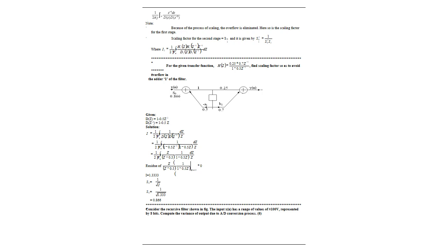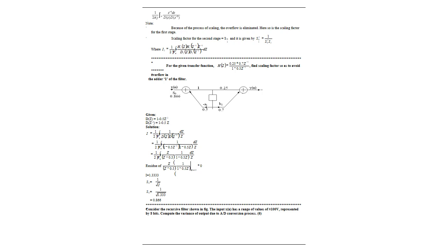So for the given transfer function, the H(z) is given. Find the scaling factor so as to avoid the overflow in the adder 1 of the filter. So the diagram is given. So first we have to write the given values. So that is D(z) is equal to 1 minus 0.5 z^-1, and D(z^-1) is equal to 1 minus 0.5 z.